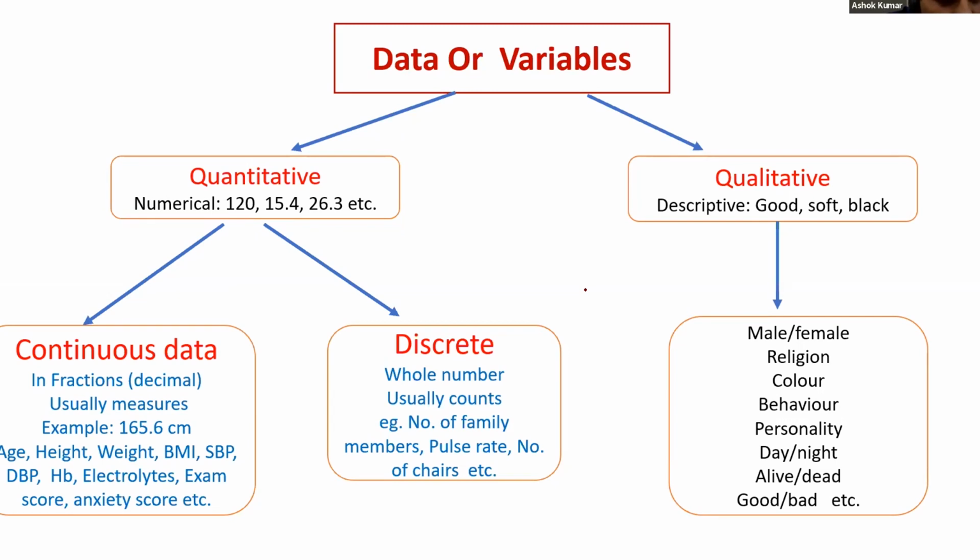But there is a question: age, we never give points. In systolic BP or diastolic BP, we never give points. When we talk about age, there is age and there are some days or months.